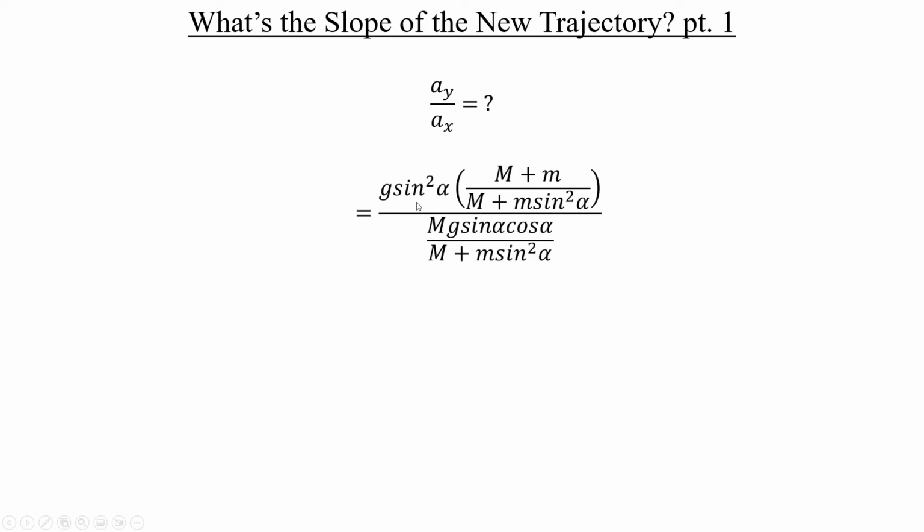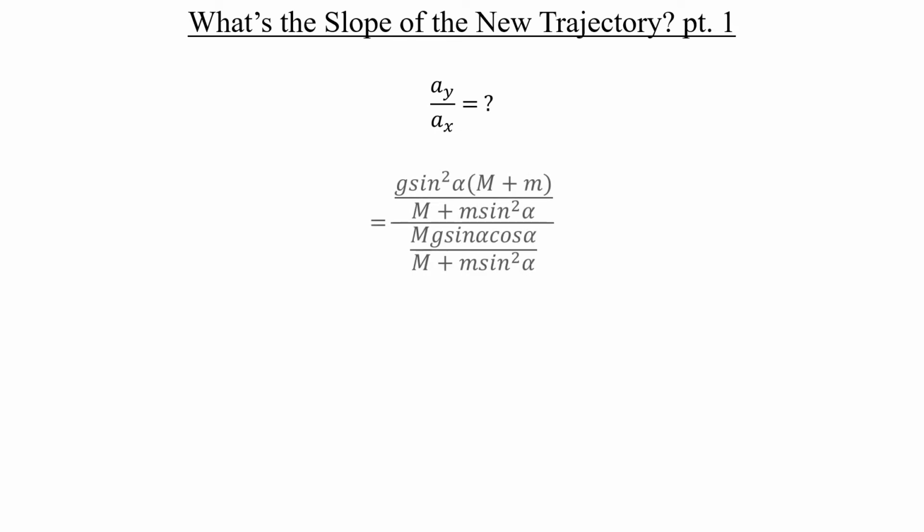We'll bring this g sine squared alpha term into the top parentheses and rewrite this whole thing as one giant ratio of ratios, like this. It's a bit ugly, I know, but notice the denominators in the upstairs ratio and the downstairs ratio, they're the same. So we can kill them off and evaluate what's left.